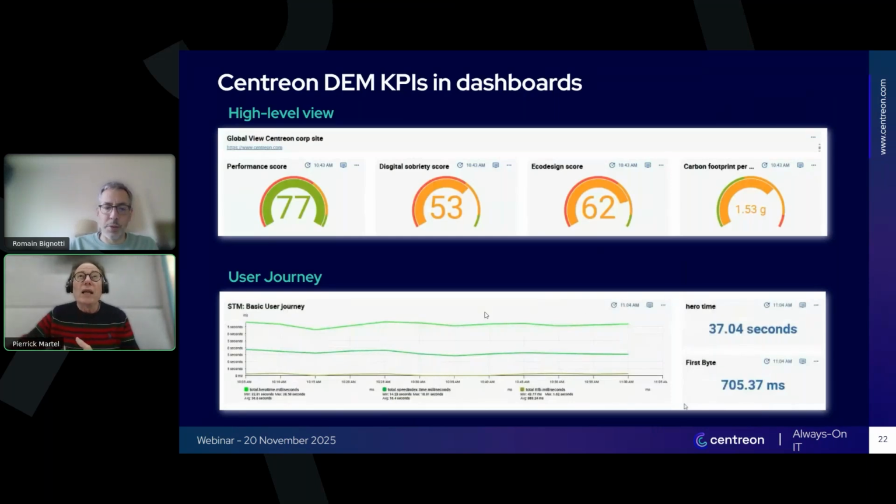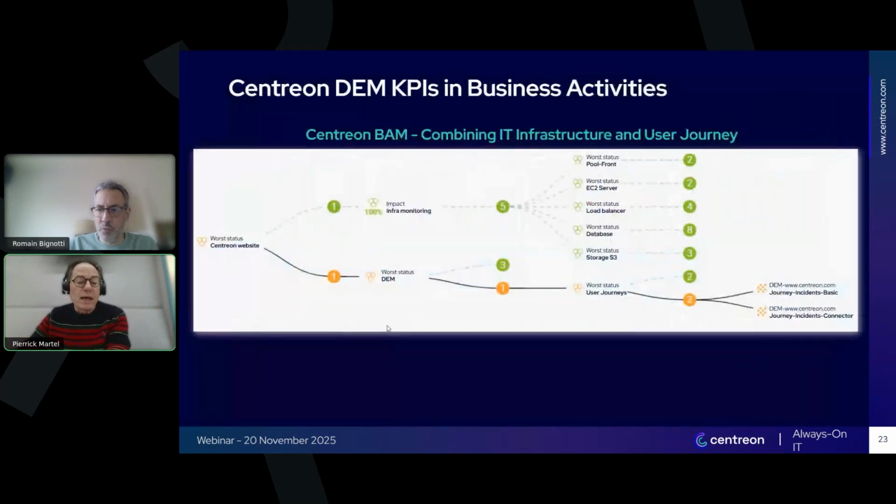So you will have high-level KPIs such as the website performance score or website digital sobriety score, or for all your user journeys, your synthetic monitoring scenarios, all the KPIs of these scenarios, transaction times, and so on and so forth. You can put that into your dashboard, but also your maps, and you can also include all these KPIs into your business activities.